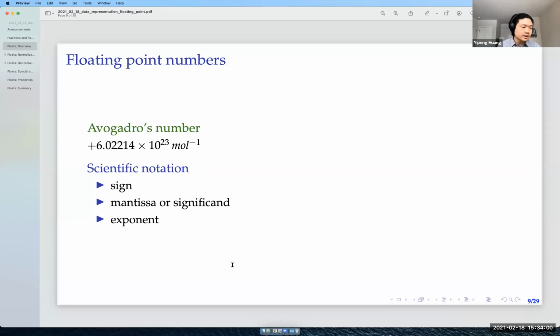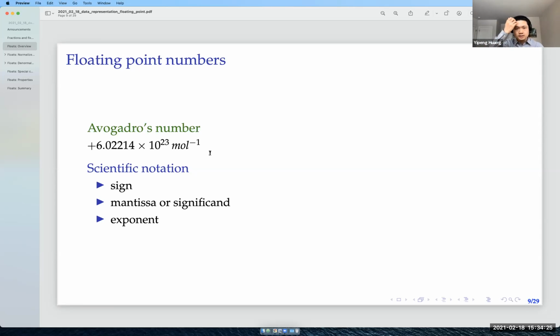Everyone can recall that one of the most common ways we represent numbers in science, for numbers that have a really big range or that are very precise, is scientific notation. For example, we know about Avogadro's number, which describes how many particles there are in a mole.